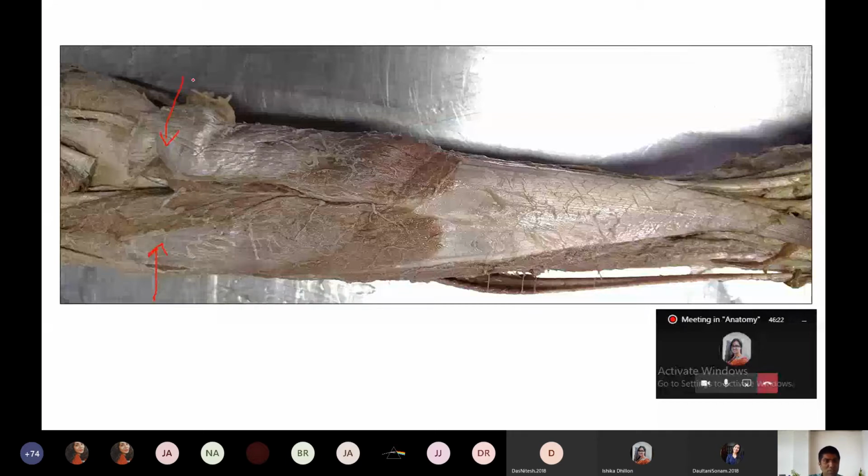Lateral side or medial side? Number 1 is which side, and number 2 is which side? Can you guess?